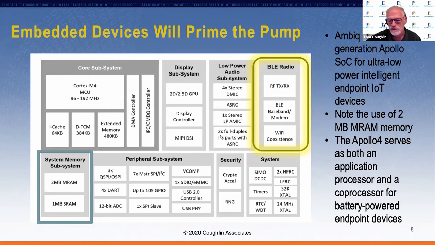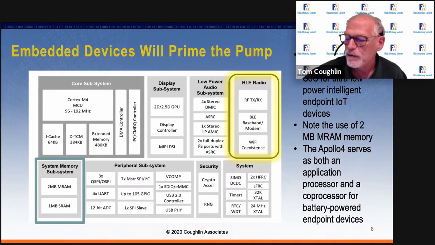One of TSMC's customers, Ambiq, is developing chips that will enable the next generation of battery-powered, always-on voice recognition IoT endpoint devices. The company's 4th generation Apollo SoC family sets new standards for low-power, intelligent endpoint IoT devices. This chip is implemented with TSMC's 22 nanometer process.